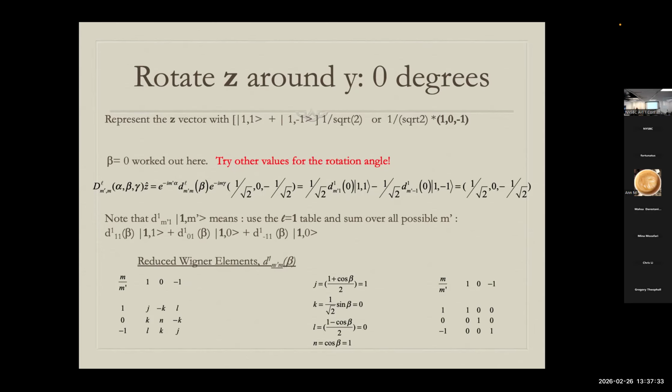So we're going to prepare this table here. But we're going to use beta equals 90 degrees. What happens? What's J, for example? 1/2, right? We're going to have a 3 by 3. Here we have 1/2. Now, are there more J's in the table?